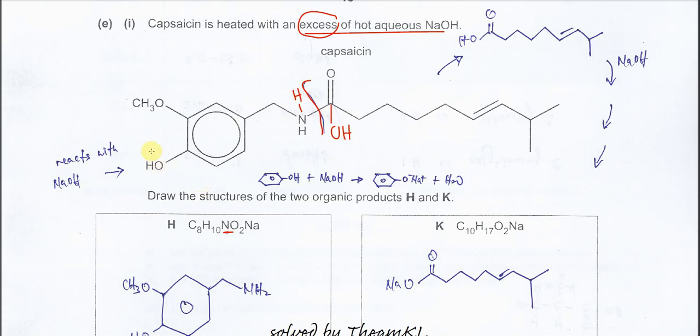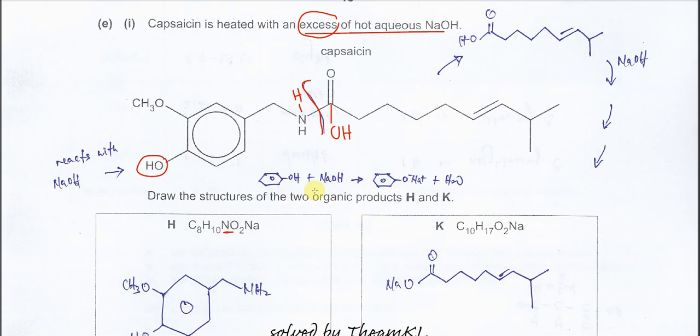So in this structure, the part that will react with the sodium hydroxide is the phenol. Because we know that phenol is a weak acid, it will react with sodium hydroxide. For example, a phenol like this reacts with sodium hydroxide to form sodium phenoxide and water.